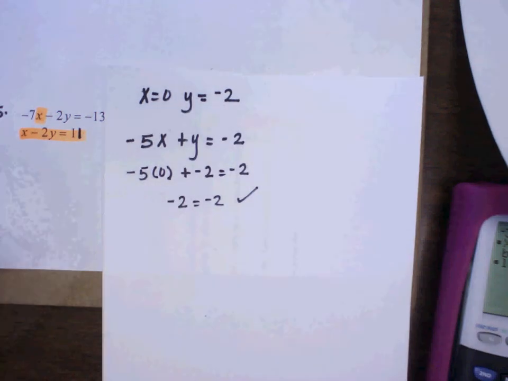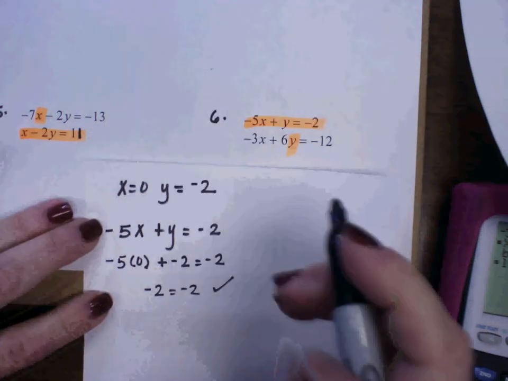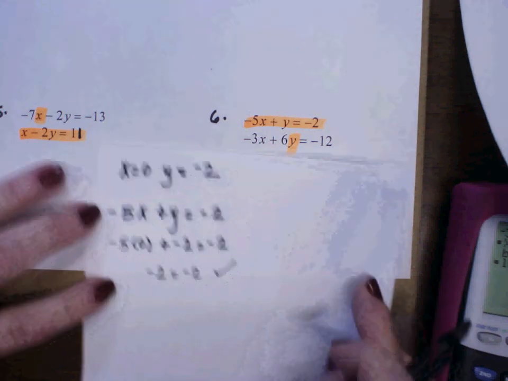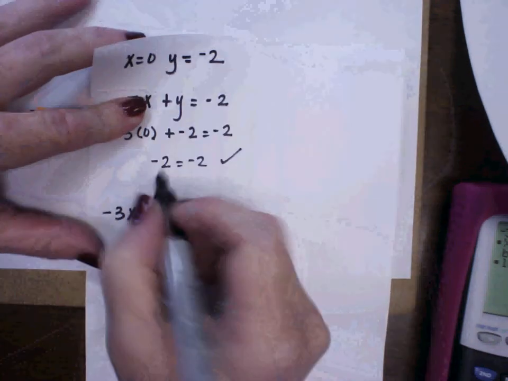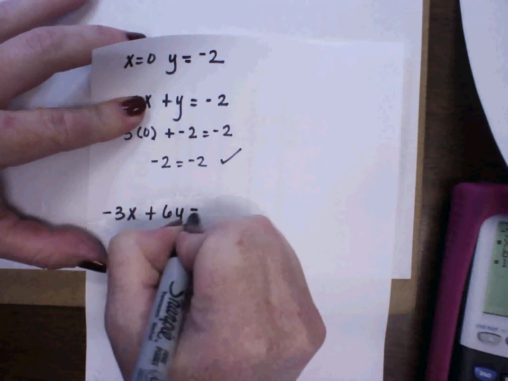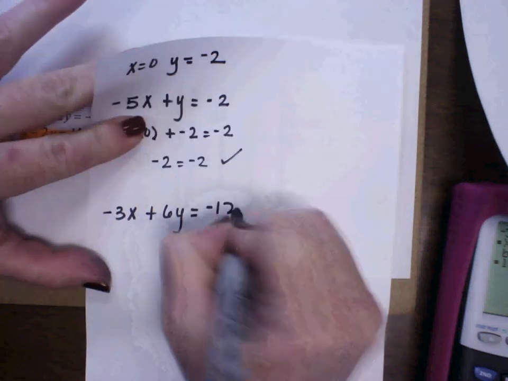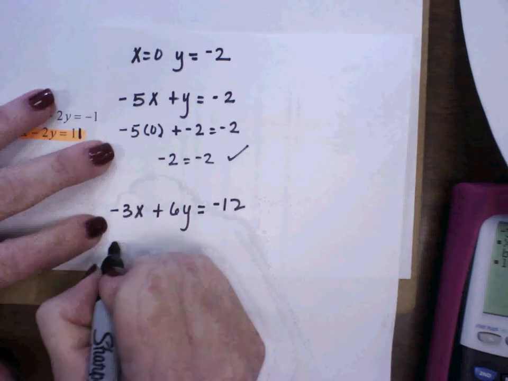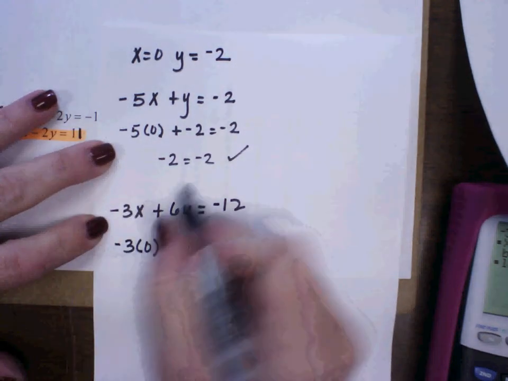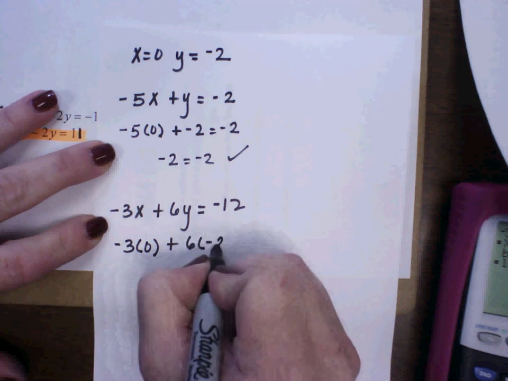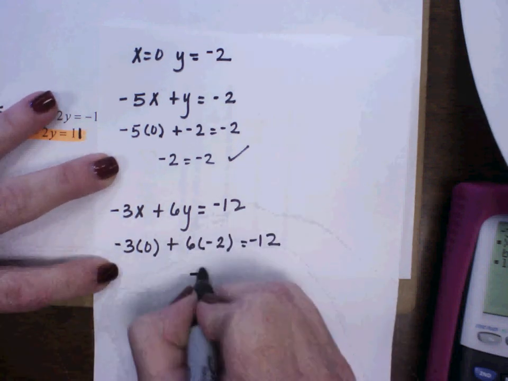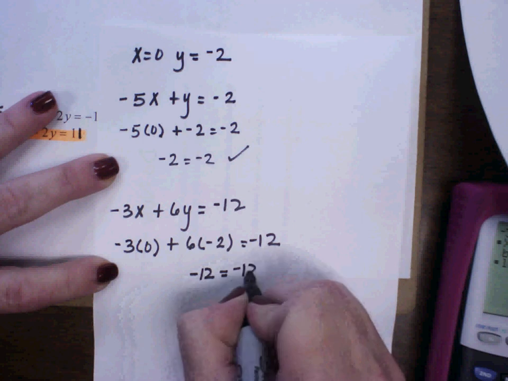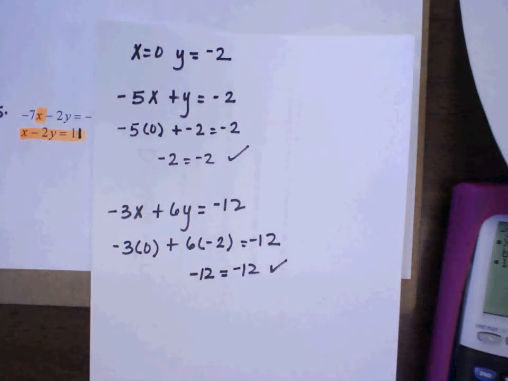So the first one works. Let's do the second one. The second one is negative 3x plus 6y equals negative 12. So negative 3 times 0 plus 6 times negative 2 should be equal to negative 12. That would be 0. 6 times negative 2 is negative 12, and negative 12 is equal to negative 12, so you did it correctly.